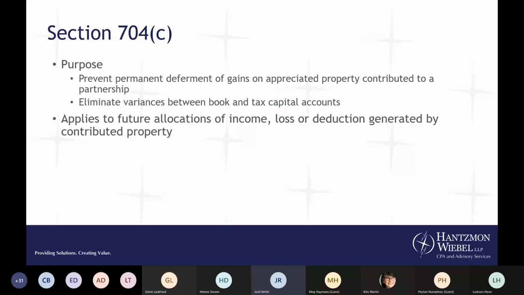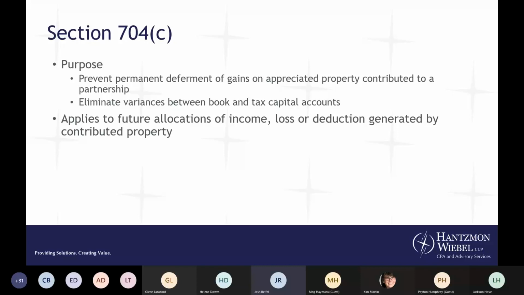We'll look at an example, but basically it's saying you can't contribute a piece of appreciated property, say land that you have a basis of $50 in but is now worth $500, to a partnership and have the partnership sell it immediately and have that gain allocated among all the partners in order to reduce your taxable income. So it's a way to prevent you from deferring or permanently avoiding any gains on property.